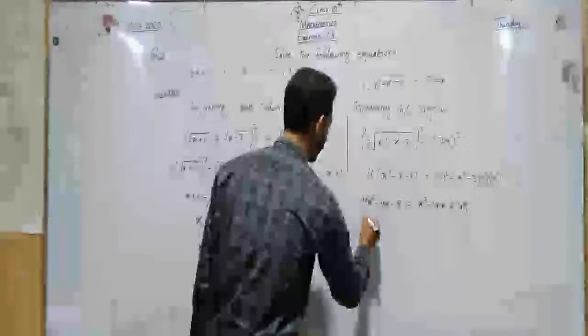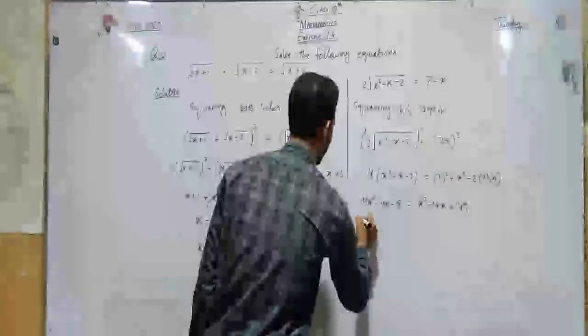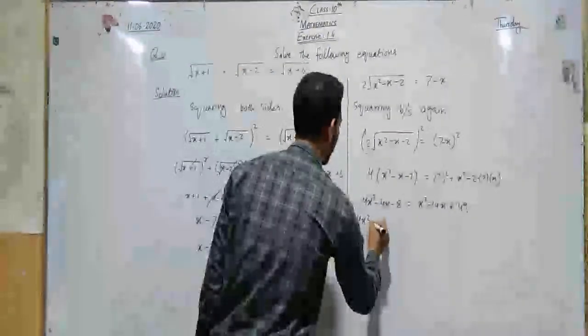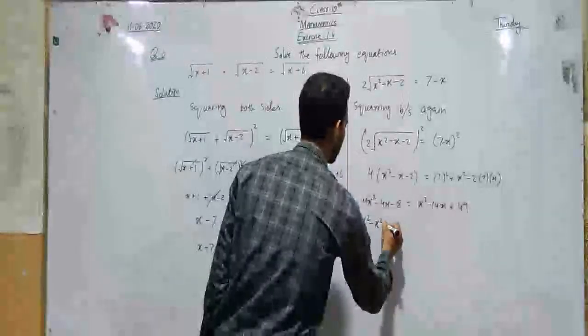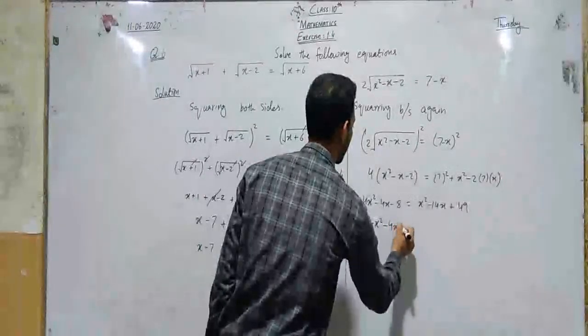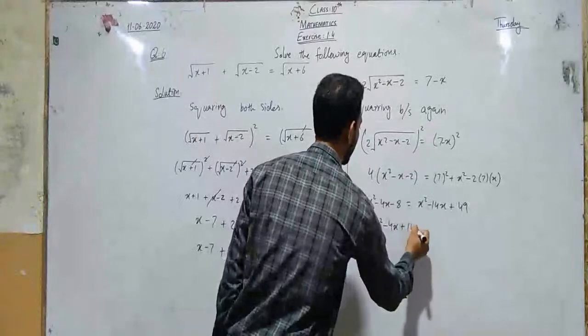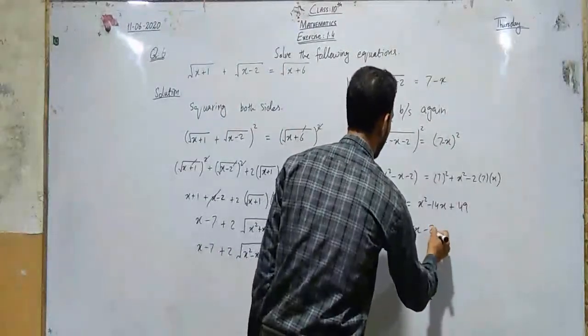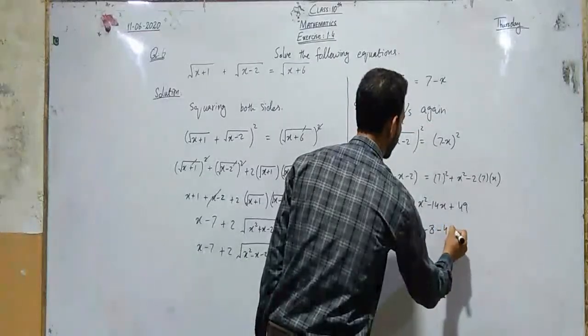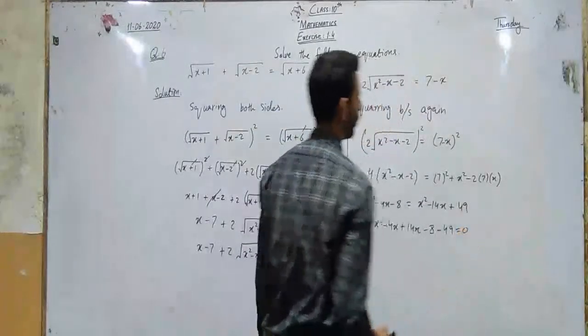Now students, we will get all these values on one side, so we can make it a standard equation, that is 4x squared minus x squared minus 4x plus 14x minus 8 minus 49 equals 0.